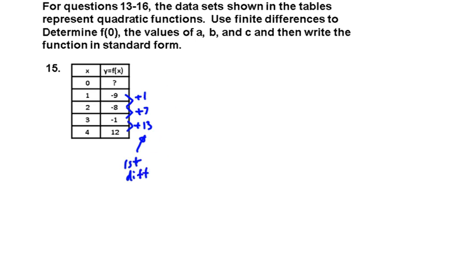And then now we go to second differences. 7 minus 1 is going to be plus 6. This other one better be plus 6. 13 minus 7 is plus 6. So again, let me just make this note here. Second difference.